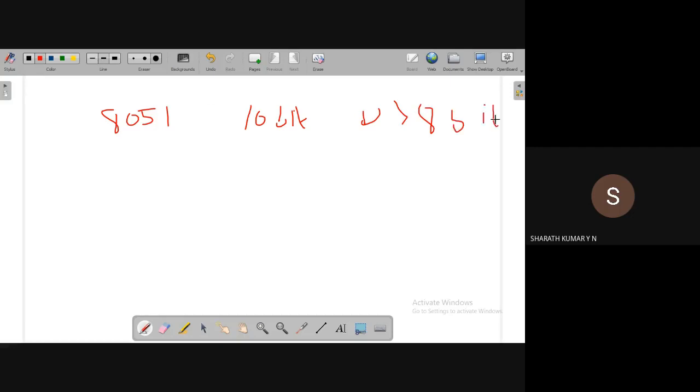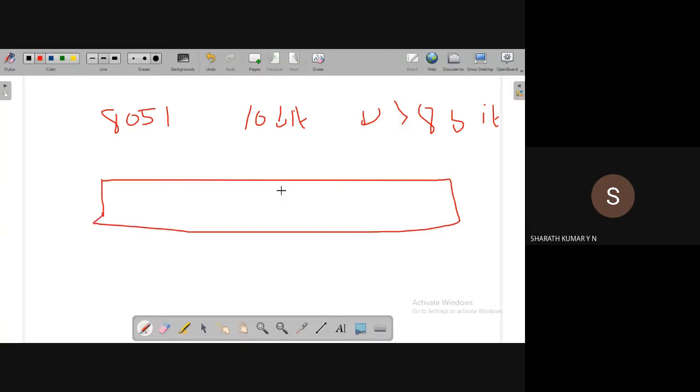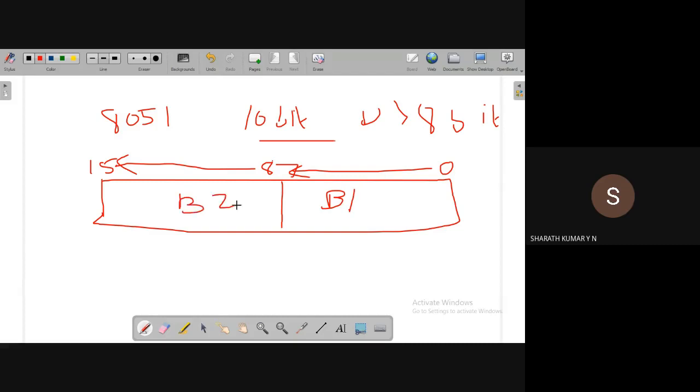Then this given data, which is bigger than 8-bit, for example 16-bit, is bits 0 to 7 and so on. 8-bit of data is called a byte. Let us call these byte 1 and byte 2. If the data is bigger than 8-bit, it will be converted into sets of 8-bit data, and each set is then applied to the 8051 microcontroller.